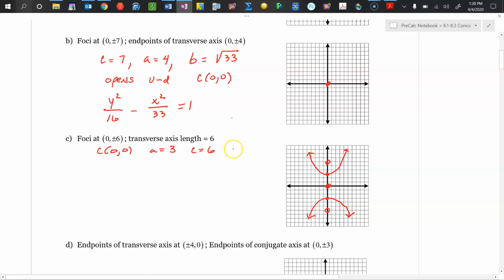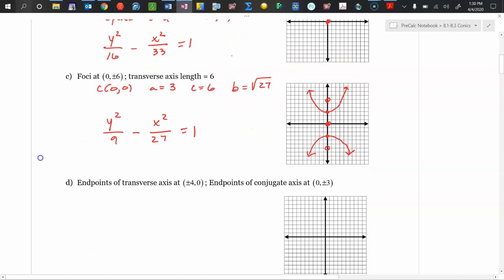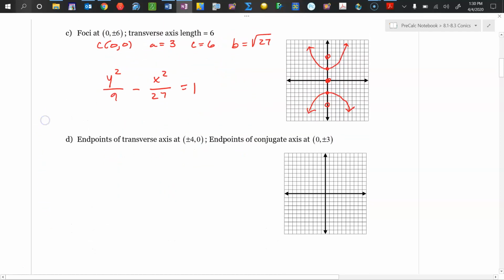I have to add 27, so B is equal to the square root of 27. So our hyperbola, which opens up, is going to have a positive y term, so y squared over 9 minus x squared over 27 is equal to 1. I would like you to do the next problem. Pause the video, do the next problem, and then when you're ready, hit play to check your answer.